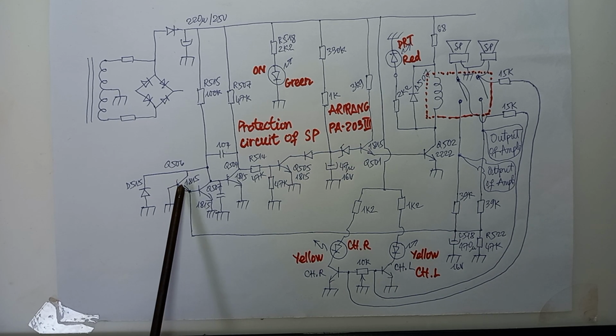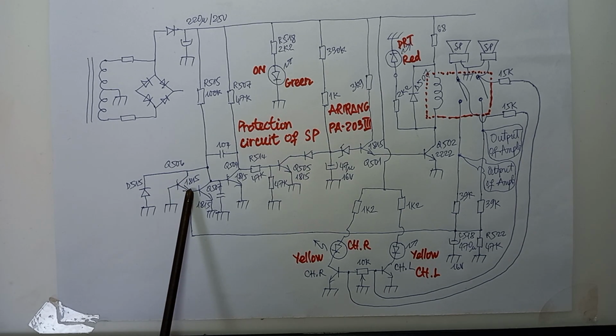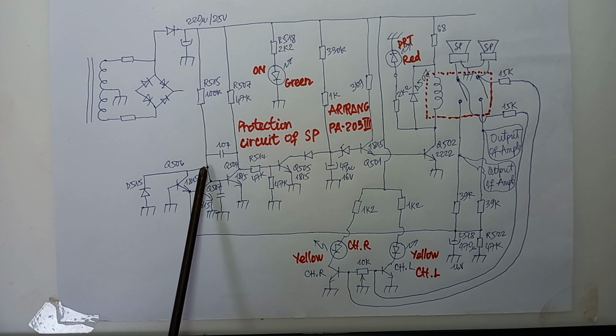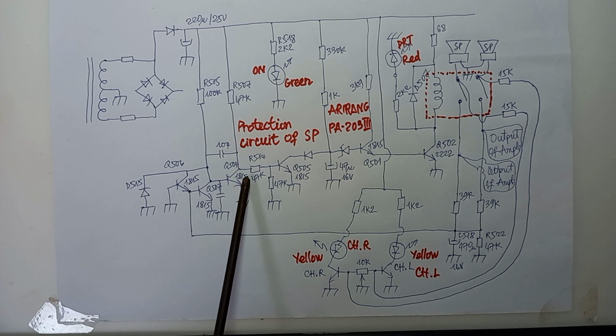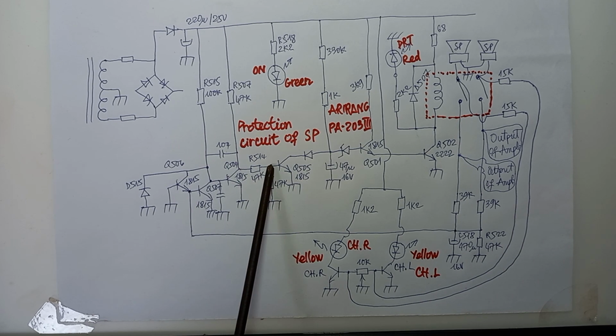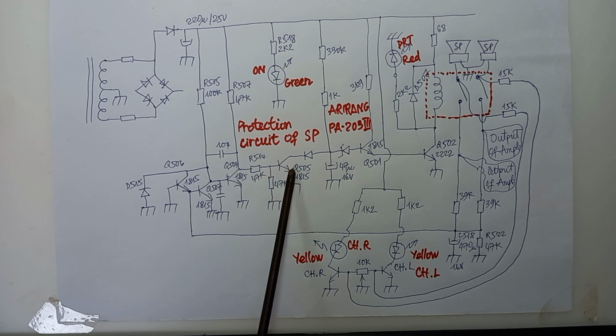This transistor will conduct electricity. The voltage here will be low. So this transistor will not conduct electricity. So this transistor will be high. This transistor will conduct electricity.